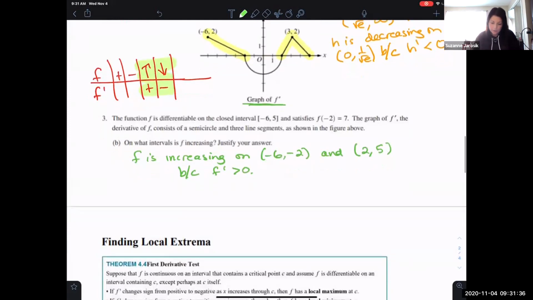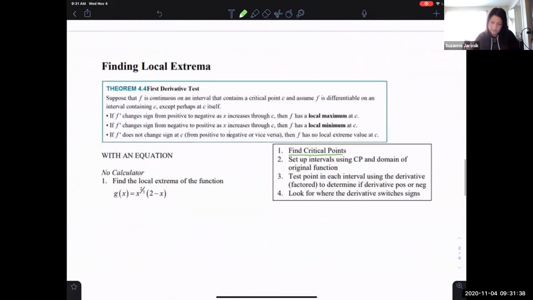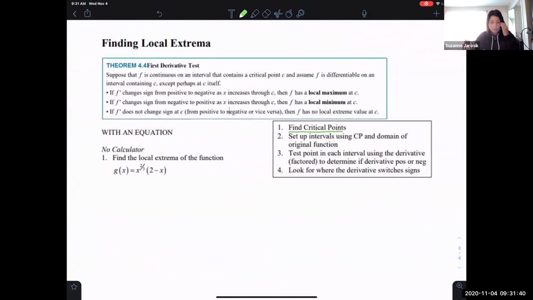The next page, finding local extrema. So officially, first derivative test. Let's talk through this.